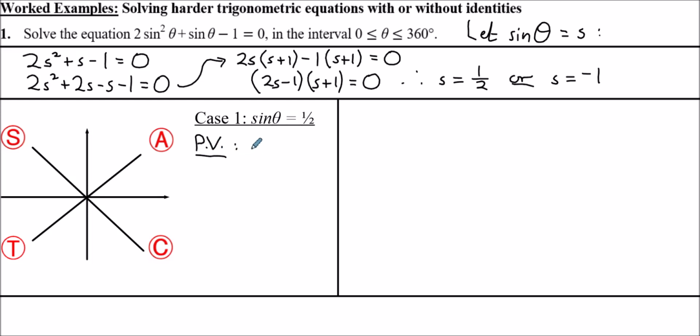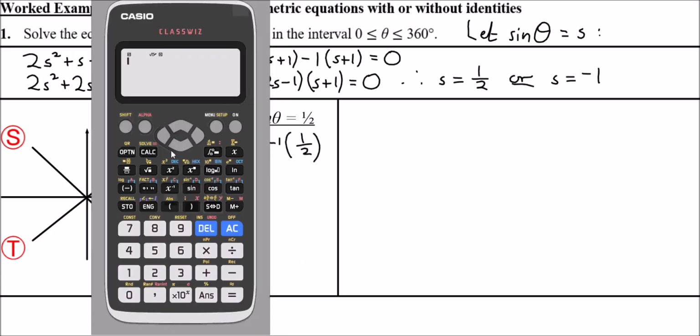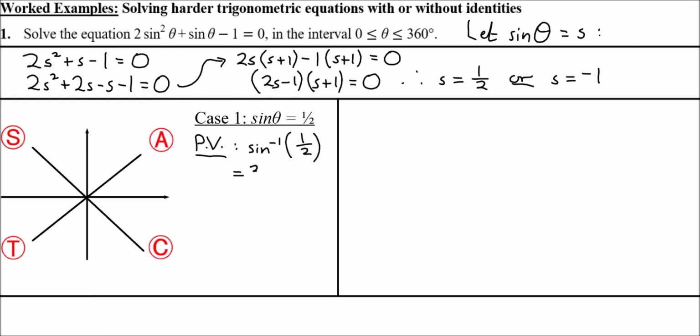That's going to be sine minus 1 of a half. Now this is one of these exact trig values. If you forgot what this is, it's okay, because we can just check it now. Inverse sine of a half is 30. So we worked out the acute angle between the x-axis and these lines making the X. So we may as well just label this on.